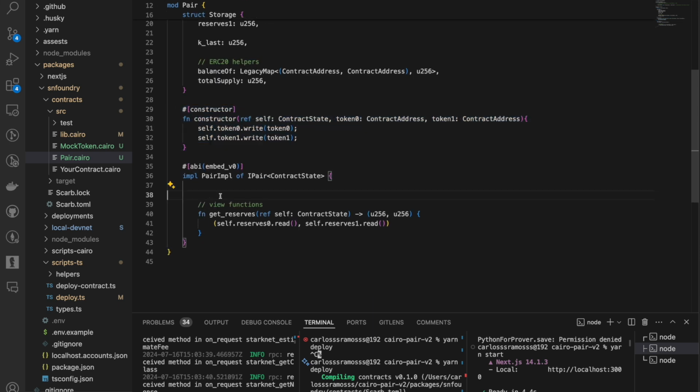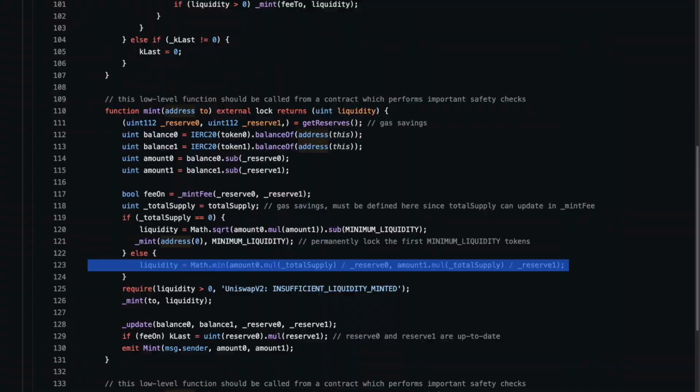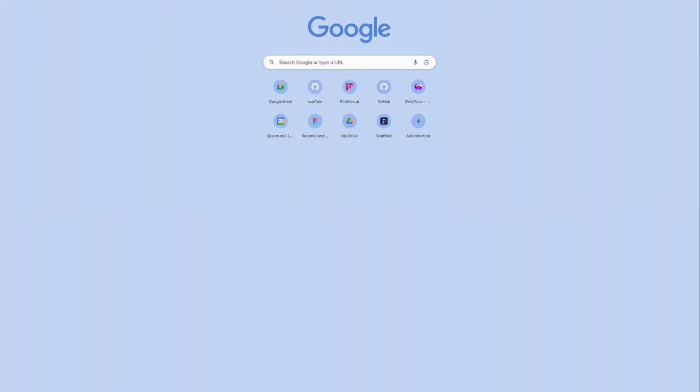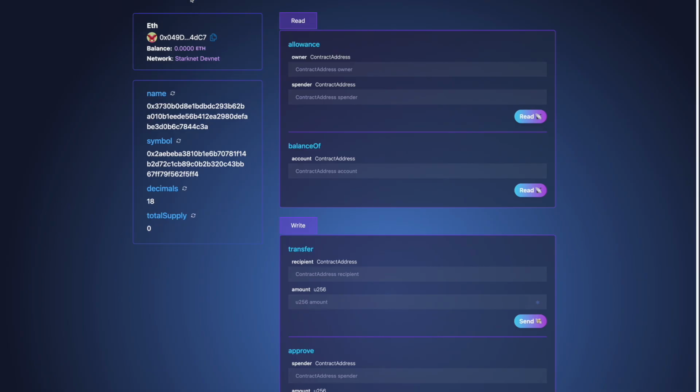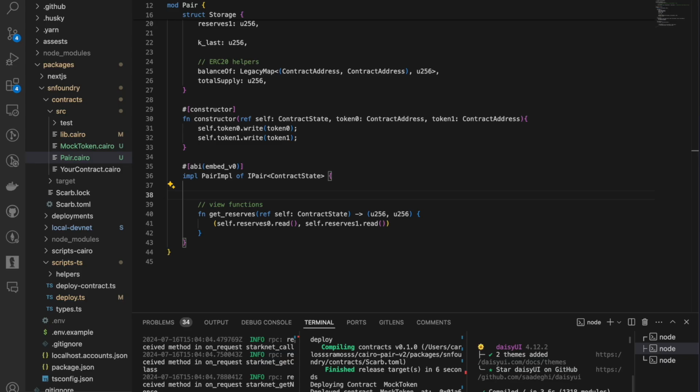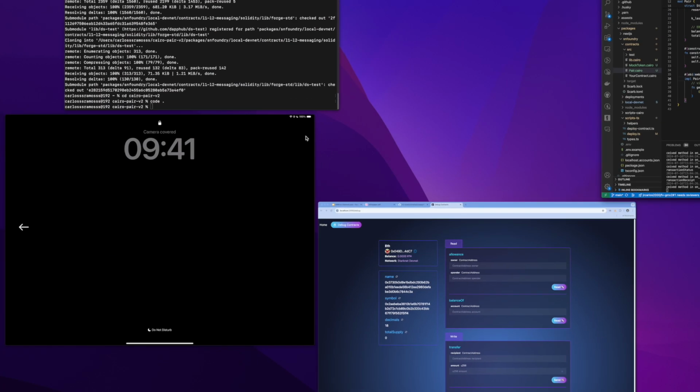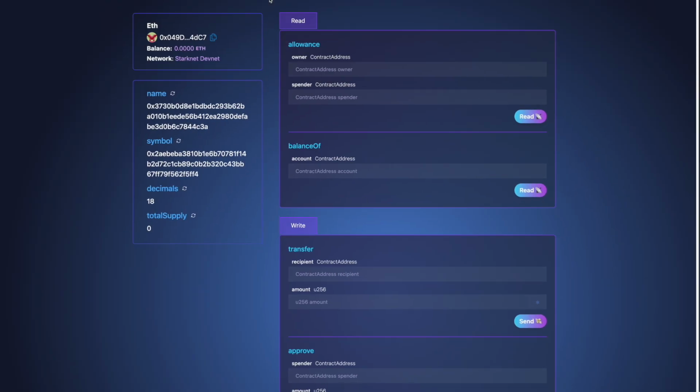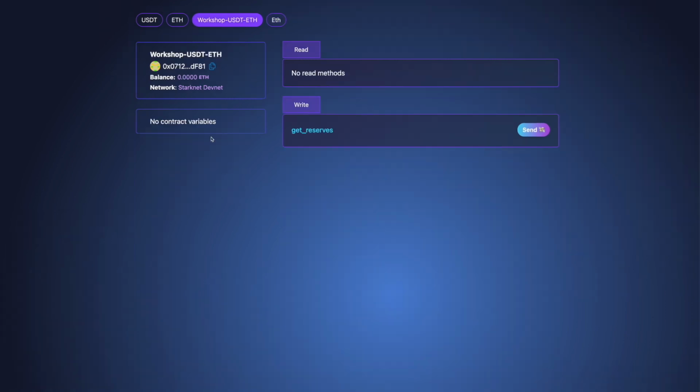So if we test this now, I can take a look here how this is looking on localhost. I'm still not seeing them yet. It's still loading. So I can see two mock tokens being deployed and then my pair contract. Right, this should be appearing here very soon. Right, I have my workshop token.